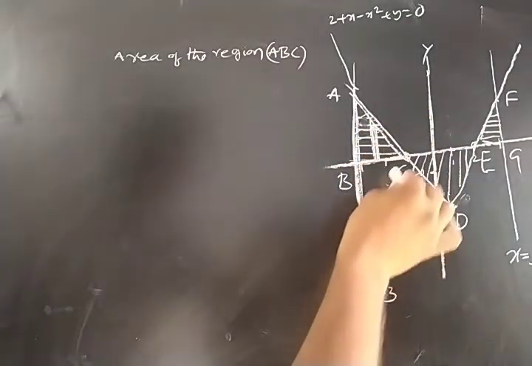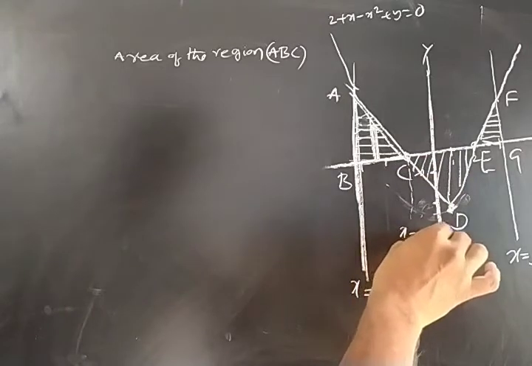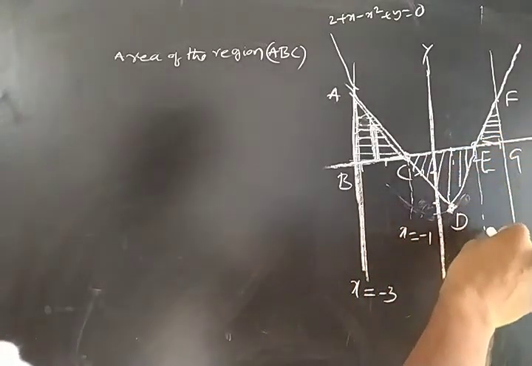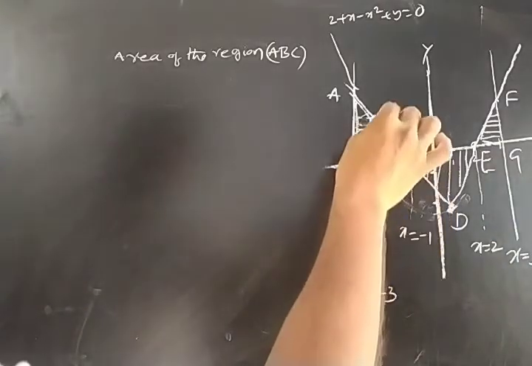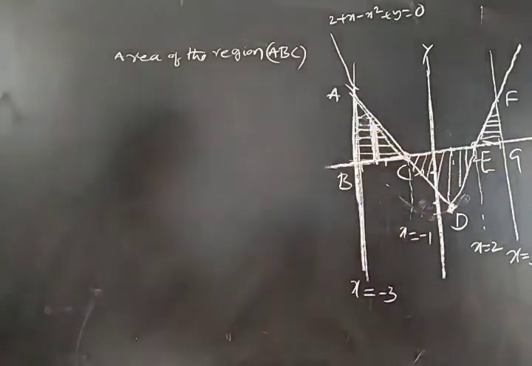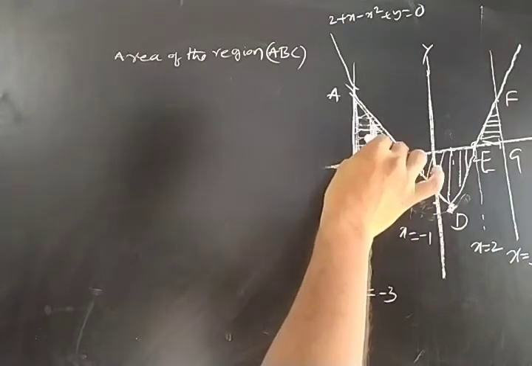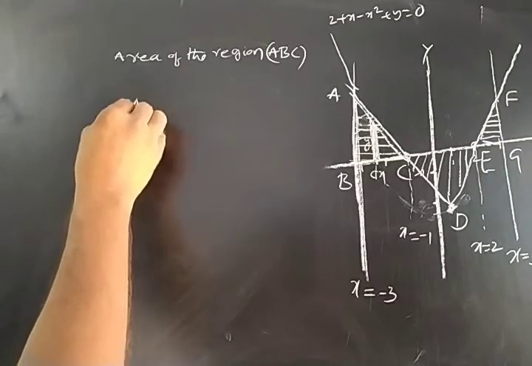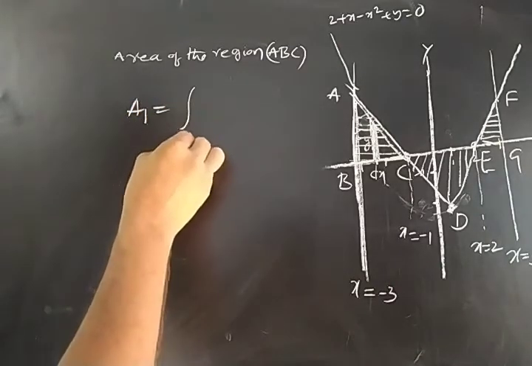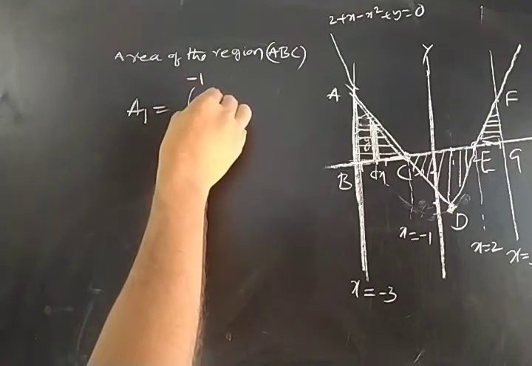Why? Because here we have the limits: x equal to minus 1, and here x equal to 2. So we have x limits. That's why I am taking a vertical strip. The width of the vertical strip is dx and the height of the vertical strip is y. I am denoting that area by a1. So the limits are minus 3 to minus 1, and y dx.